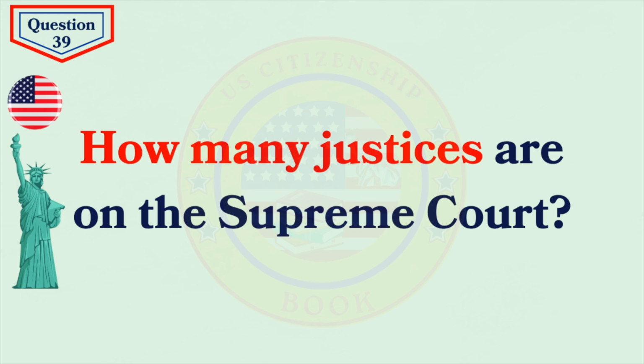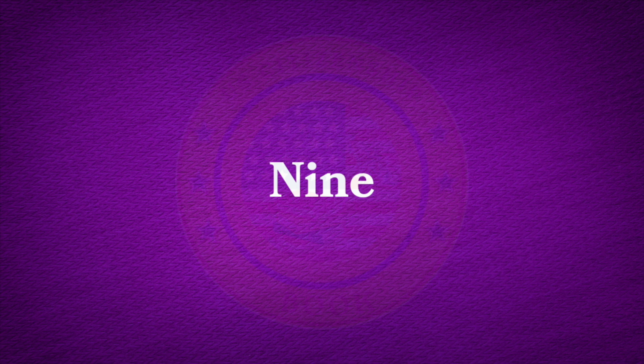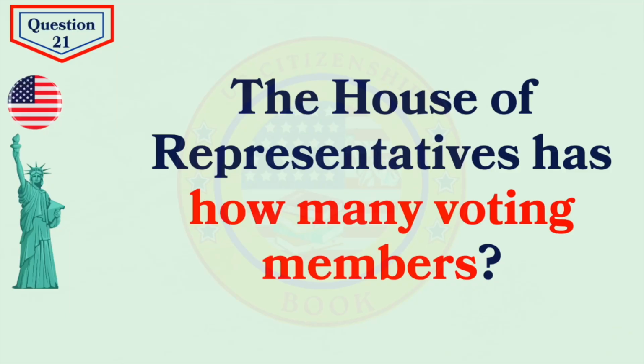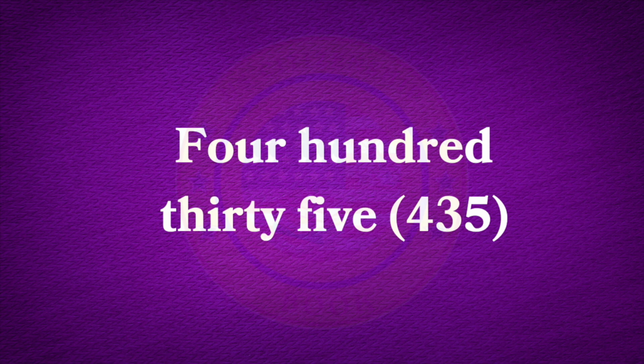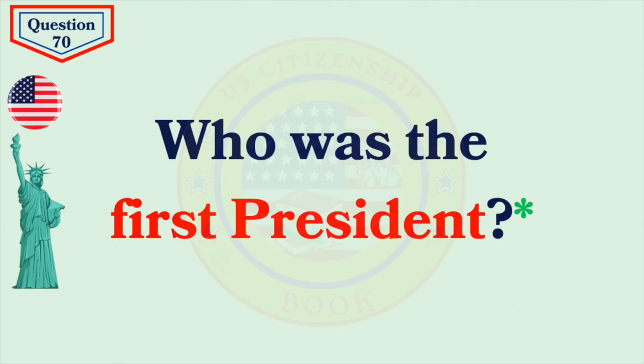How many justices are on the Supreme Court? 9. The House of Representatives has how many voting members? 435. Who was the first president?